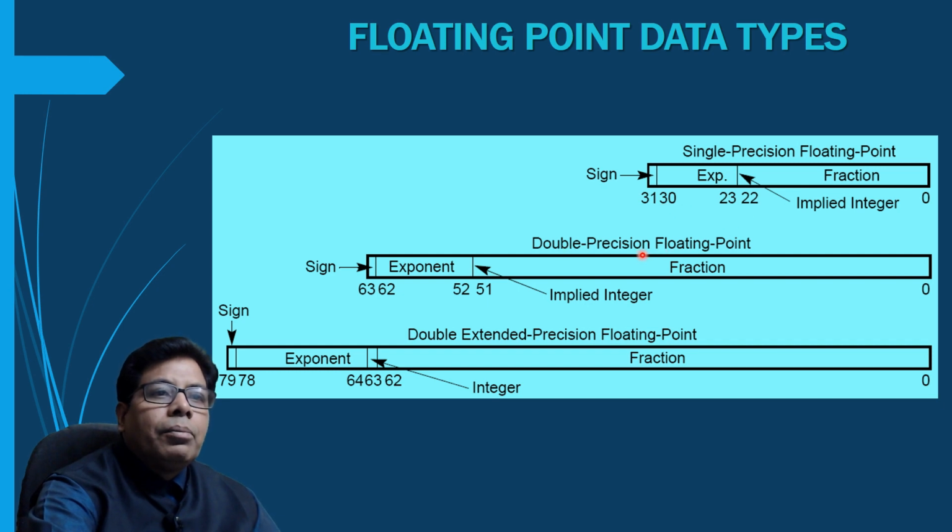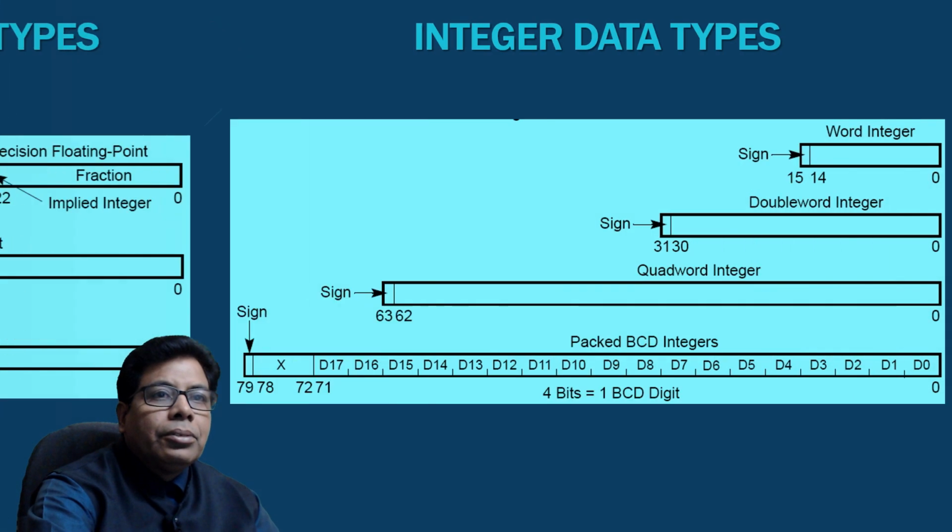Then double precision floating point, it will have again the same 3 parts, but here the total bits will be 64. Then the double extended precision floating point, it will again have the same 3 parts, fraction, exponent and sign, but it will be 80 bits. So these are the 3 floating point data types.